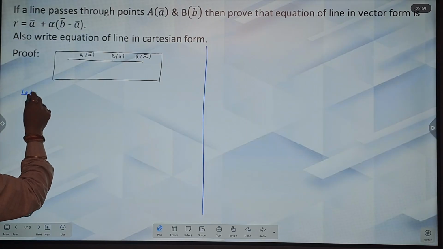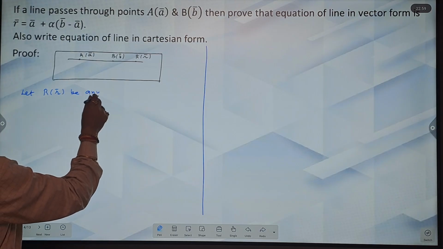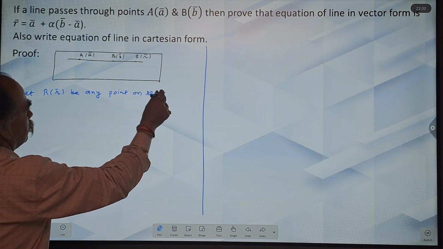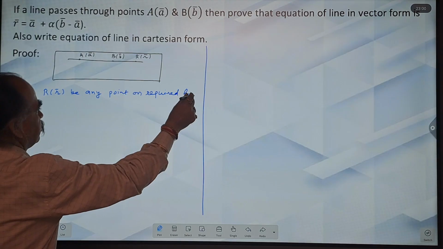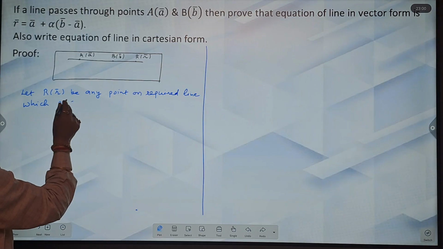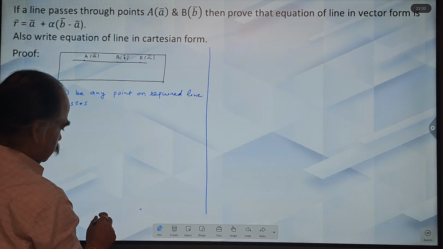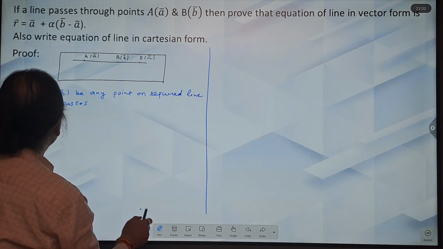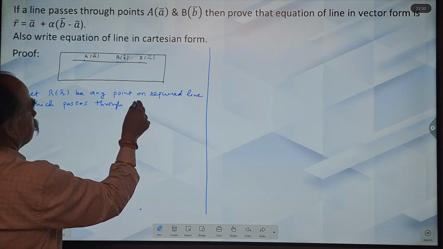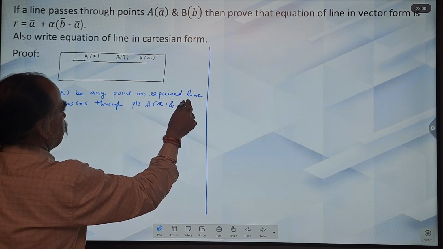Let capital R bar be any point on a required line which passes through points A bar and B bar.